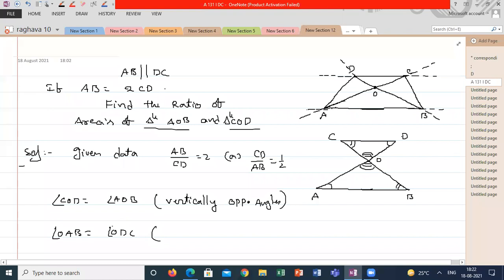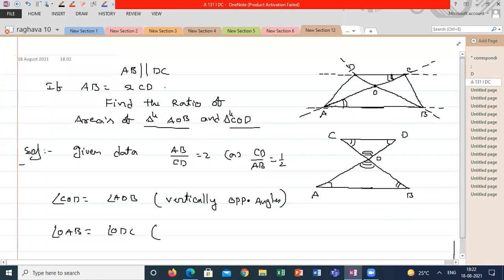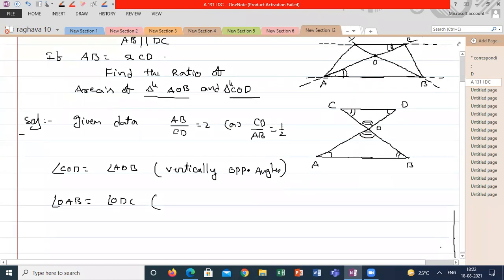Why is angle OAB equal to angle ODC? How is it equal? These two angles. Students, what kind of angles are these between two parallel lines? Alternate or corresponding?